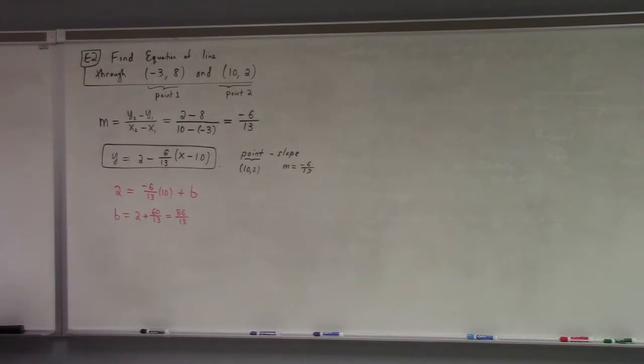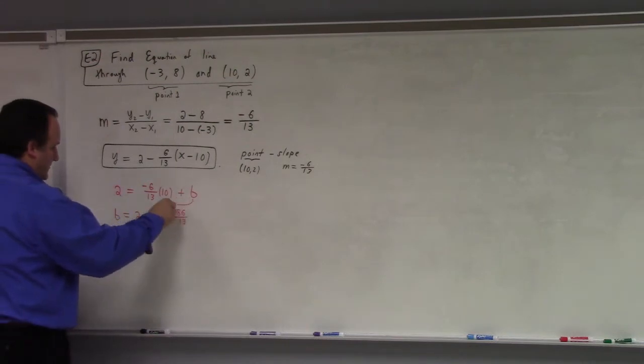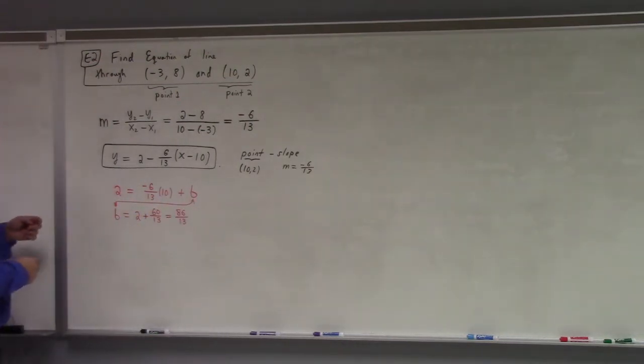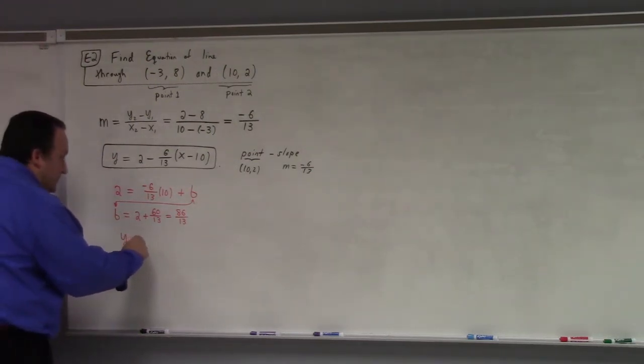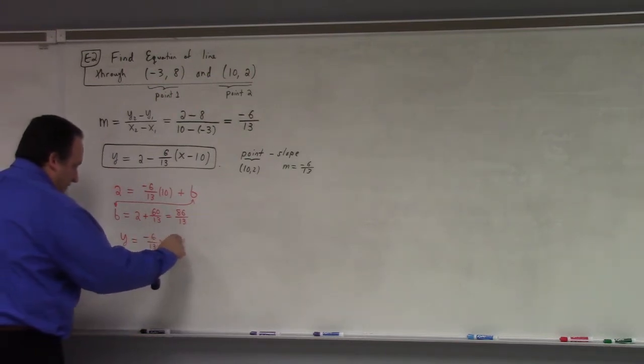I got you. I was isolating, solving for b. My bad. And 2 is 26 over 13, so 26 plus 60 is 86. So lo and behold, y equals mx plus b, you get y equals minus 6 over 13 x plus 86 over 13, right?